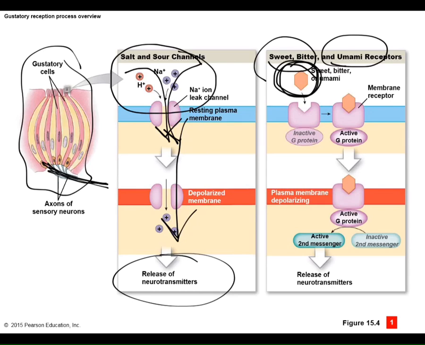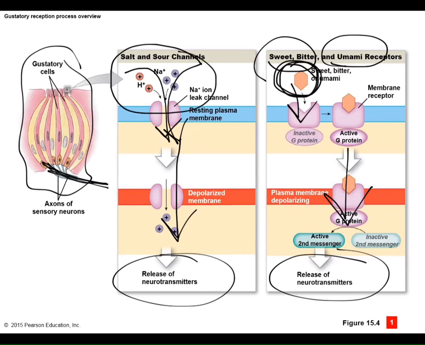And it is going to bind to the taste receptor, but itself is not going to enter in. Instead, it's going to cause internally a second messenger molecule to initiate the release of the neurotransmitters and the action potential. It's just an extra step, right? And I'm just not going to go deep into the mechanism of that.